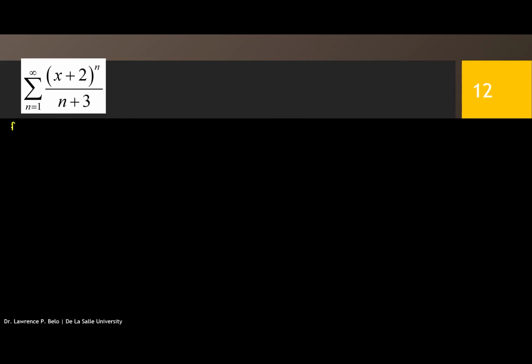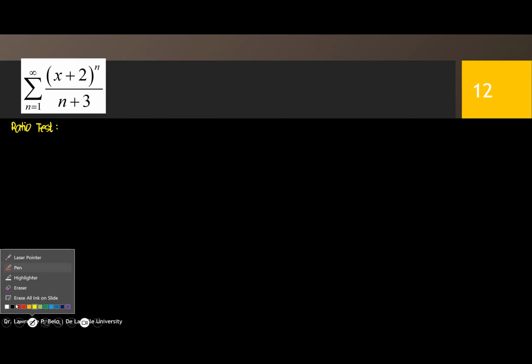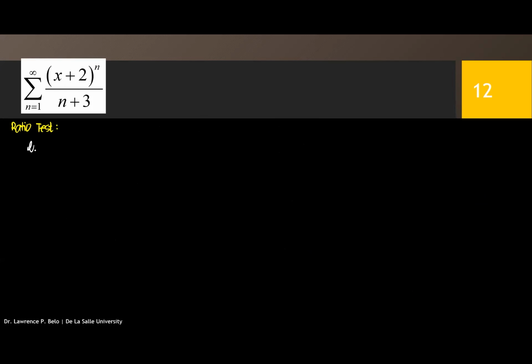So here, again, let's start with the ratio test. For the ratio test, the limit as n approaches infinity of the absolute value. This becomes (x plus 2) to the n plus 1.